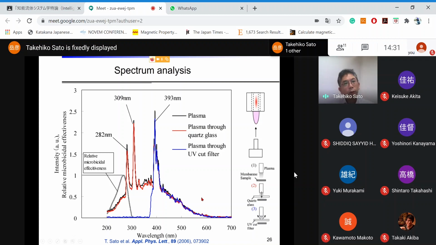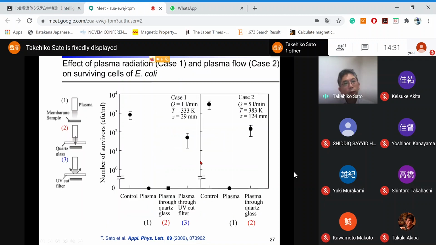So we use these conditions and apply them to the Escherichia coli, and we found, also of course the control is here, that if we apply the plasma directly, no bacteria remain alive.